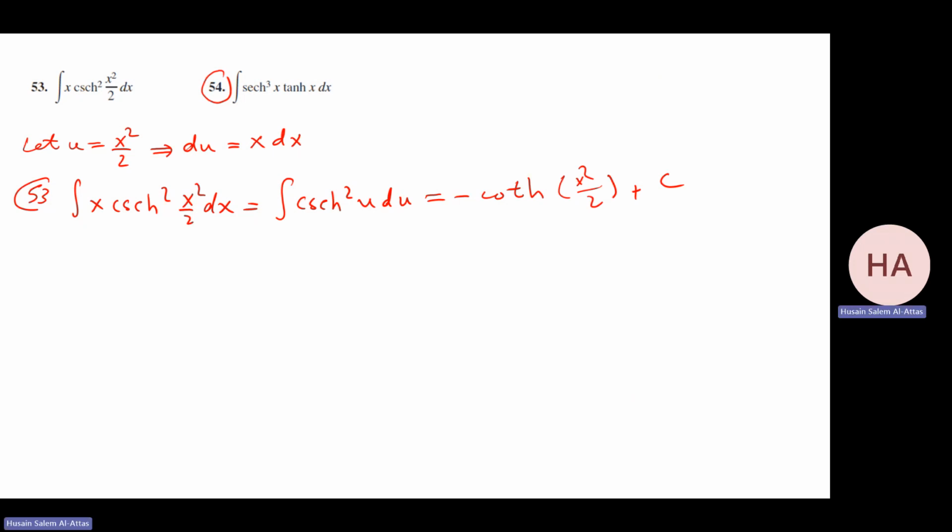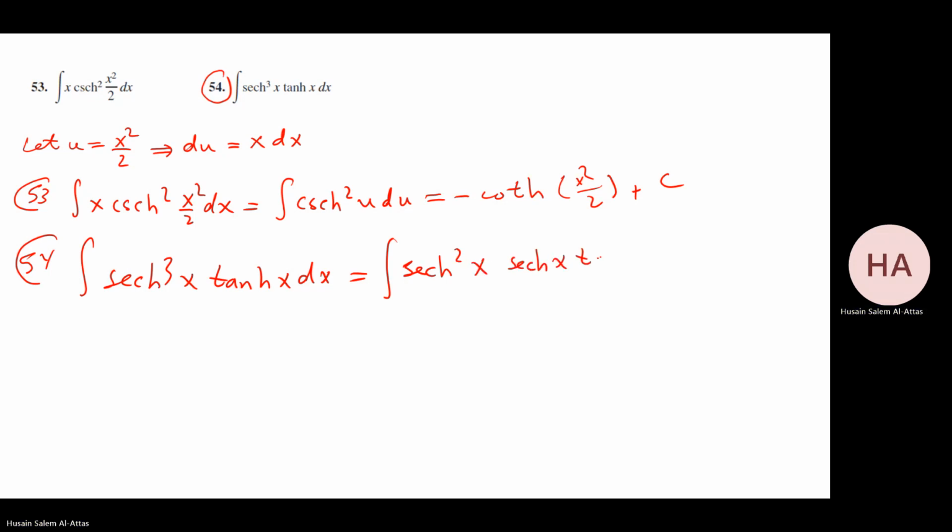Okay, 54. I let u be tan hyperbolic or secant hyperbolic. This one is interesting. First I need to rewrite the function. Let me write the integral. I need to do a trick here. This one will be secant hyperbolic square times secant tan hyperbolic x dx.